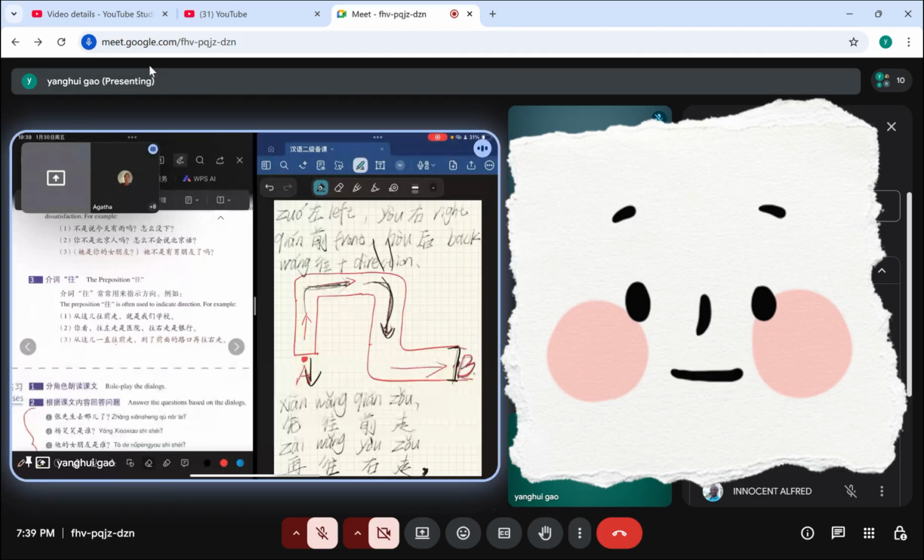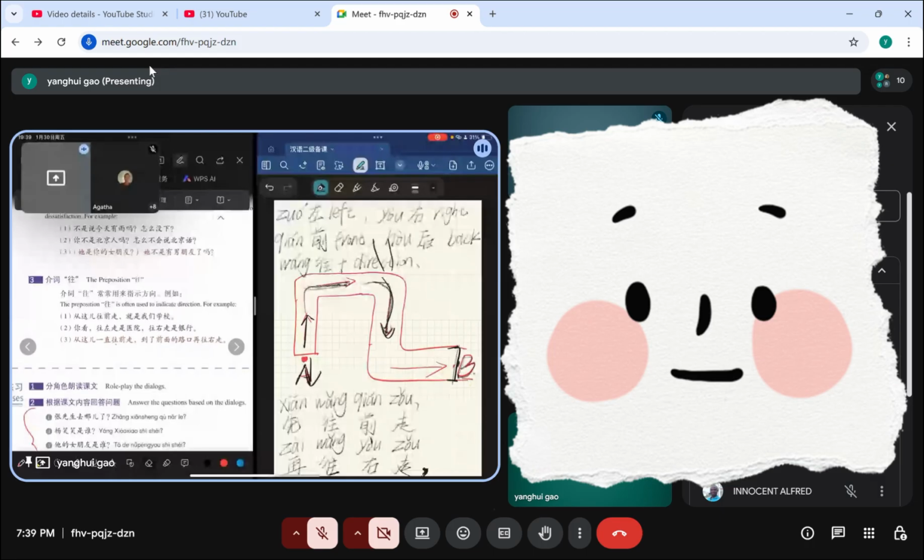Okay, so I think if we are on the road, A is here, so my head is here. I face this road here, right? So I go this way. I say go forward, 往前, right? If I am on the real road, I turn this way. So I say I turn right, right? On the real road, I turn right.